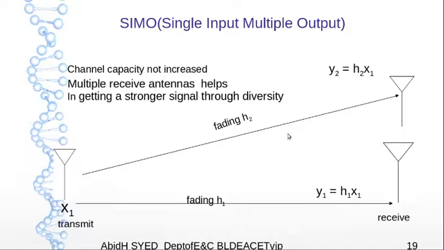Differentially faded means their amount of fading, their amount of weakening, is different with respect to each other. That's why the same signal X1 gets different with respect to the fading coefficients H2 and H1.